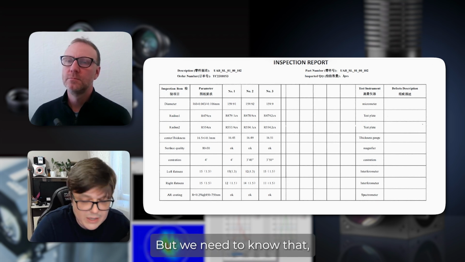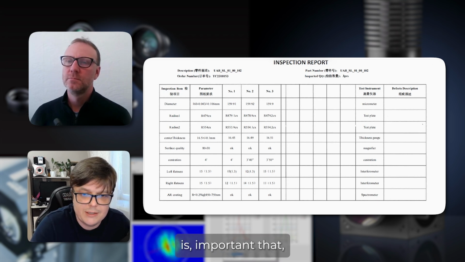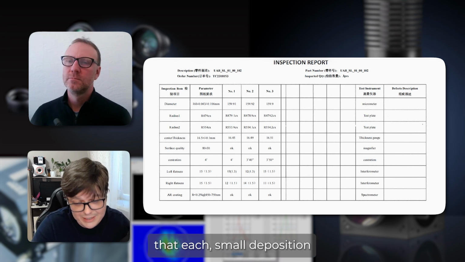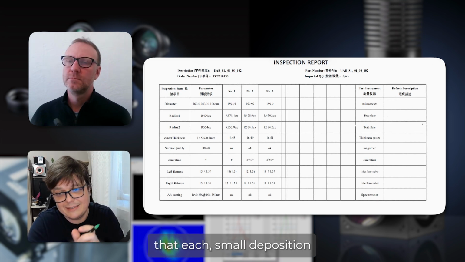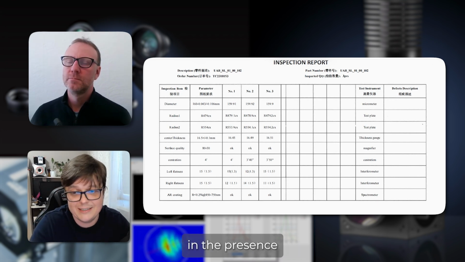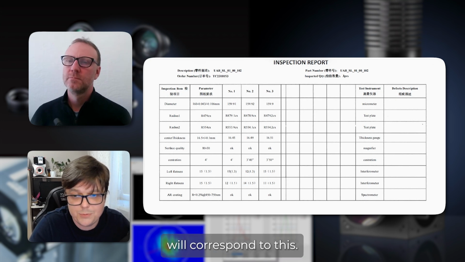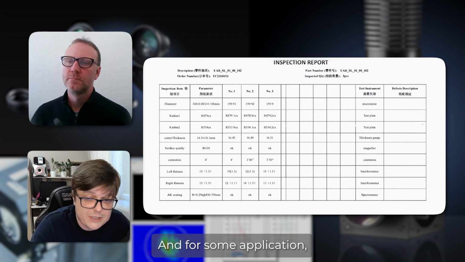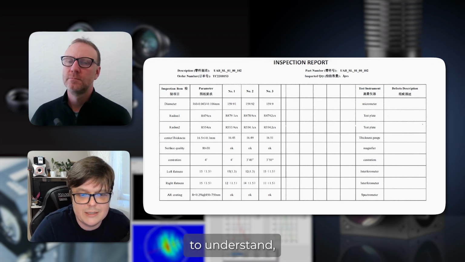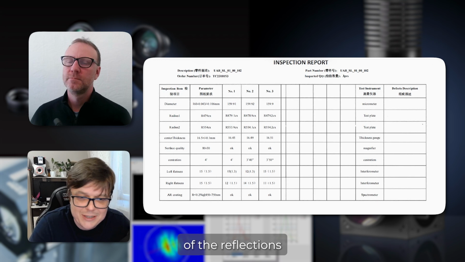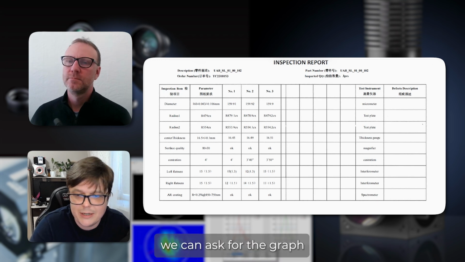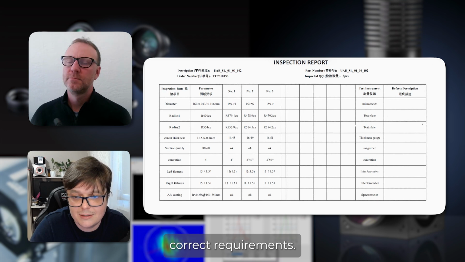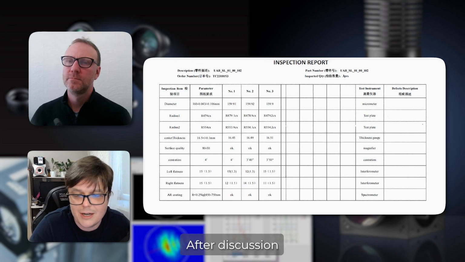But we need to know that this coating is important, that each small band inside the defined range of wavelengths will correspond to this. This is some kind of general value for this range. And for some applications, it is important to understand the dependence of the reflections on the wavelengths. In this case, we can ask for the graph of this dependence and correct requirements after discussion with the lens supplier.